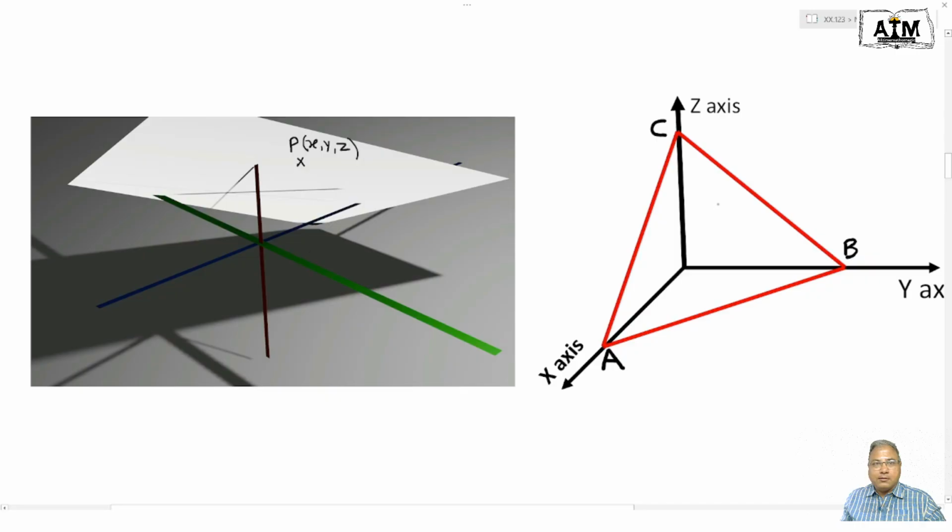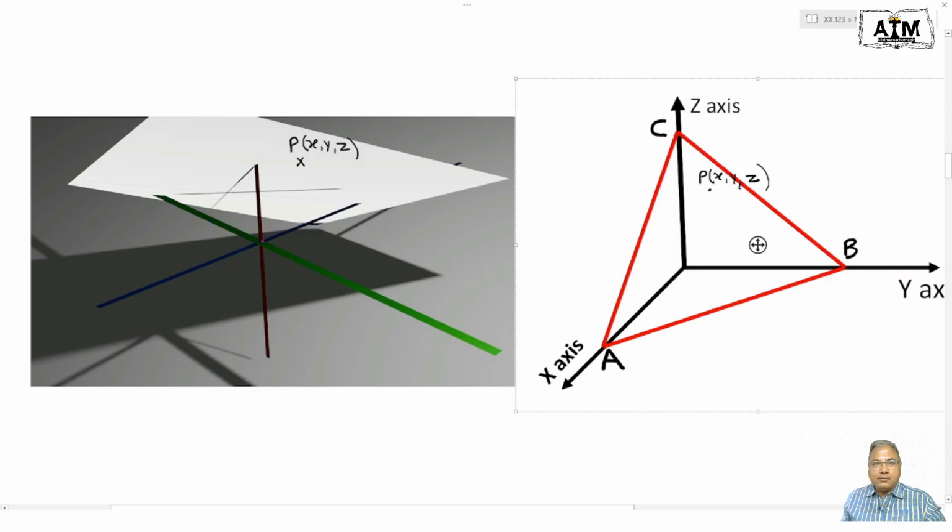The right-side diagram is generally the diagram found in your textbook. So I am selecting point P on this plane, x, y, z. Both diagrams are the same. One is drawn with the help of 3D, and the other diagram I have drawn in the notebook.